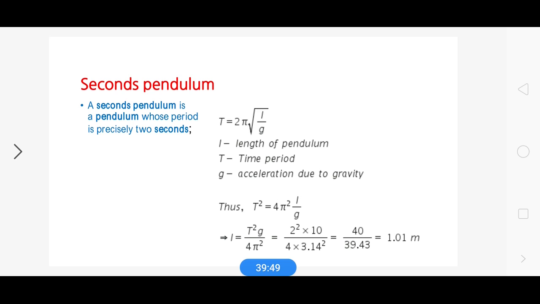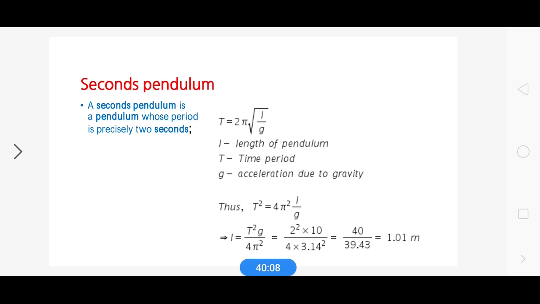So we know that T is equal to 2 seconds. Length we don't know, and g is equal to 9.8 meter per second square, or here we can simply take it as 10 meter per second square.